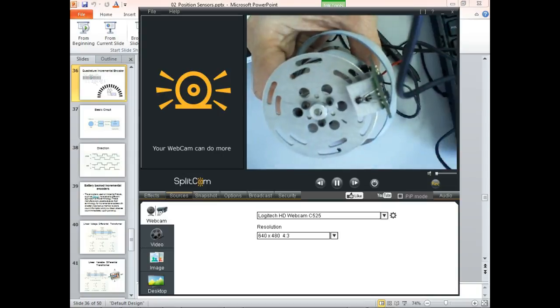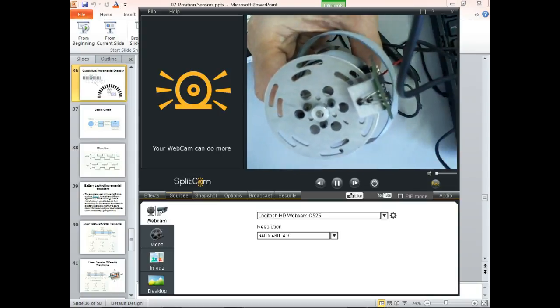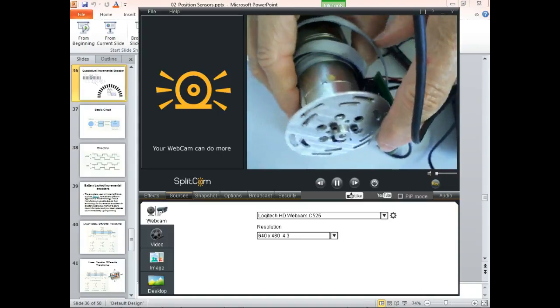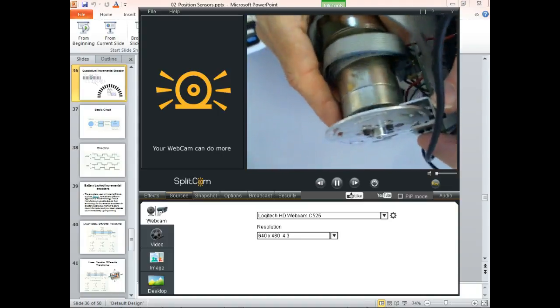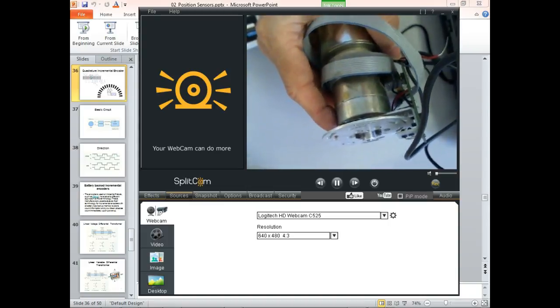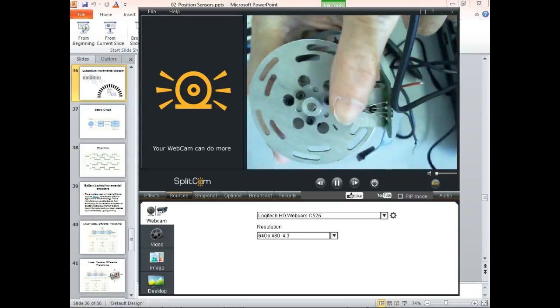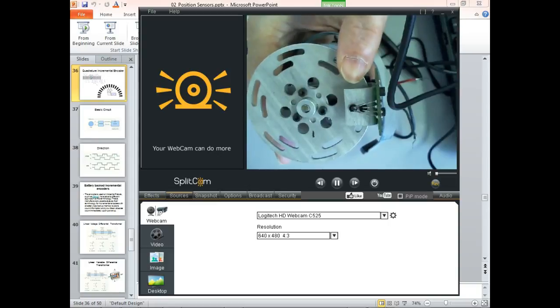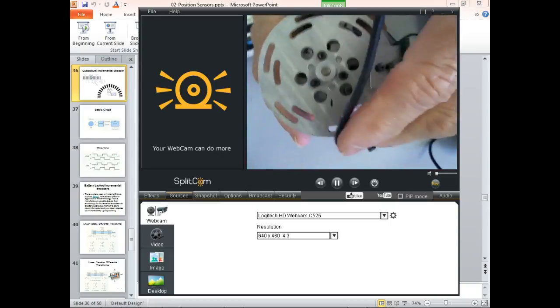Or the LED and the diode. And what does LED stand for? So these are infrared LEDs right here, which means they're in a spectrum that our eyes can't see, but they're there. And what this does, it either lets the light pass through, or it blocks it.